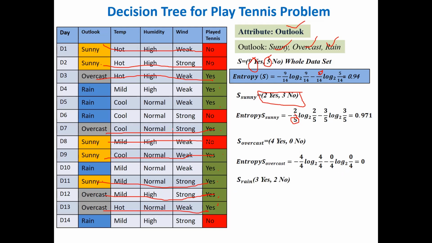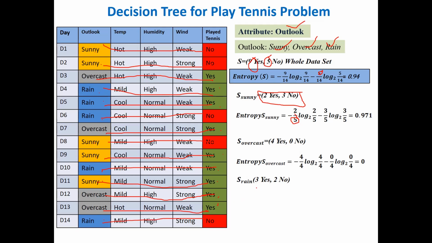Similarly, for the rain we will calculate. There are a total of 5 rain examples. Out of these 5, 3 are yes and 2 are no. The yes examples are D4, D5 and D10, and the two no examples are D6 and D14.